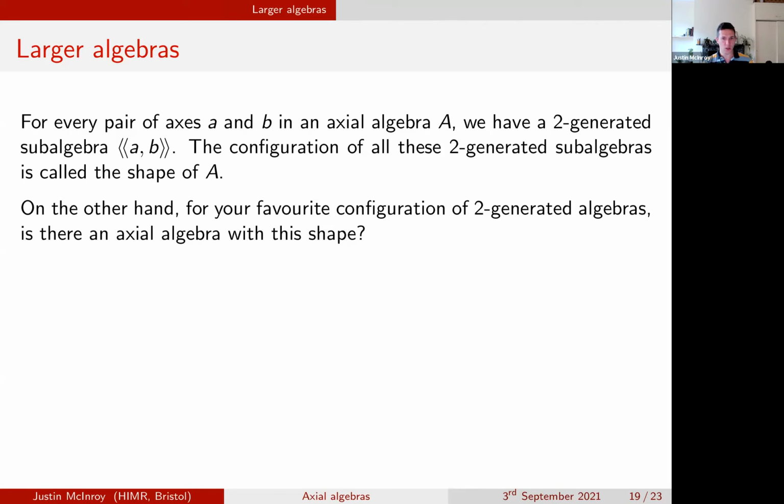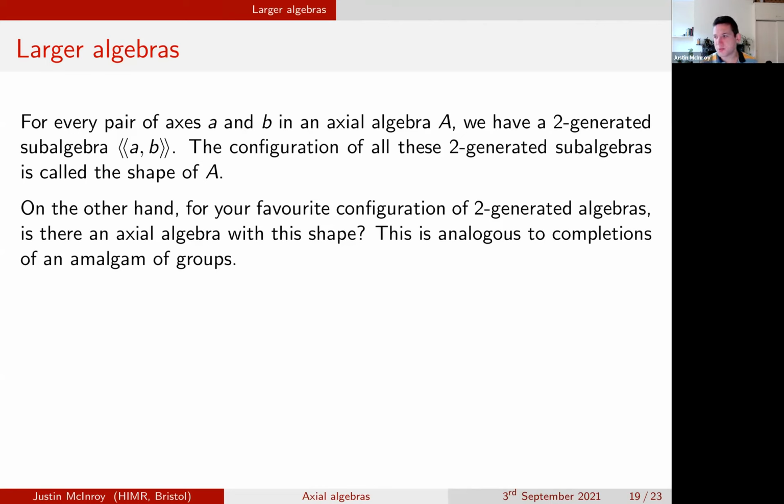You might ask, is there an axial algebra which has that shape? For those of you who know about groups and amalgams, this is sort of like asking: I've got an amalgam of groups, I want to glue together a lot of groups. Is there a group, a completion of this amalgam, which contains all of these?